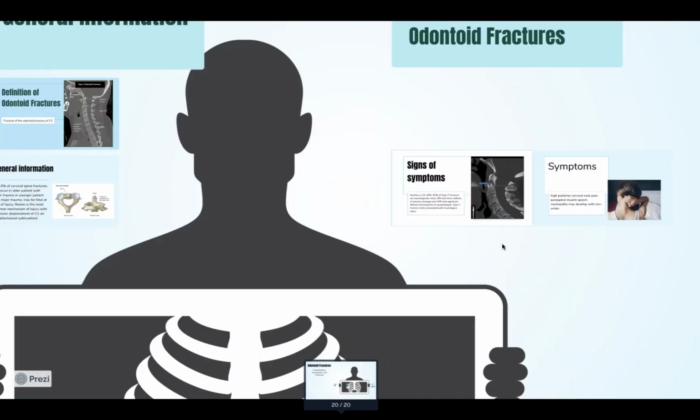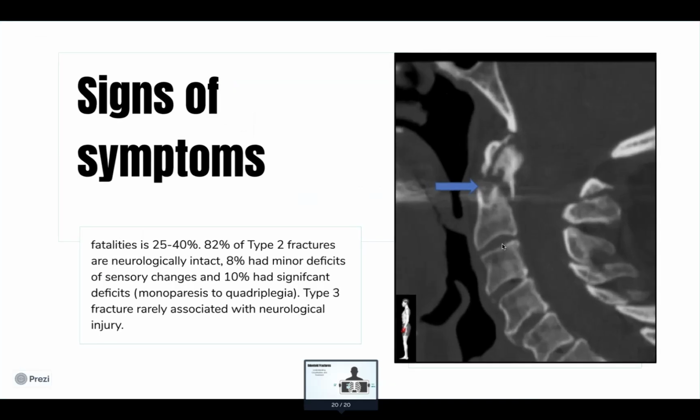So what are the different signs and symptoms? 25 to 40% can be fatal at the time that it actually occurs. 82% of these type 2 fractures, we're going to go into the different types of these fractures a bit later on, but just know that the type 2 is the most common type of fracture, and 82% usually have no neurological symptoms.